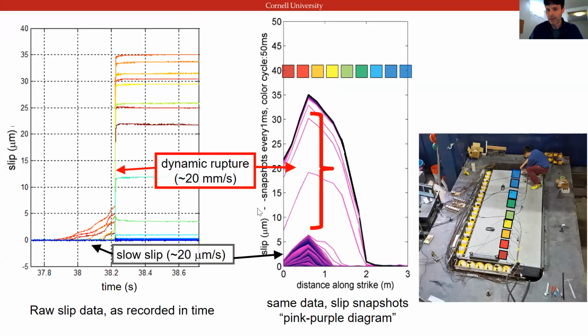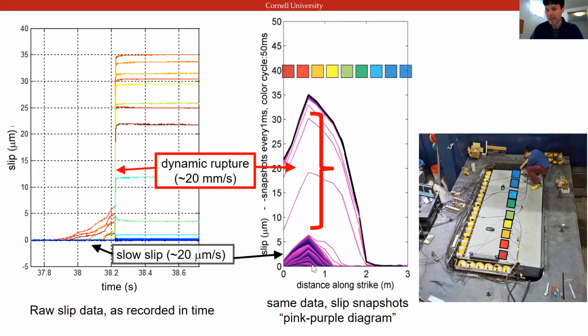The plot here, I call this a pink-purple diagram, is plotting the exact same data, but plotting it differently. It's laying down snapshots in time and showing the distribution of slip at any given time. This slow slip that's happening only on the red end shows up as really closely spaced contours. I'm color coding those contours so that they cycle between light pink and dark purple every 50 milliseconds.